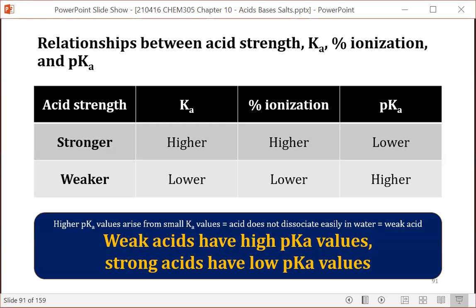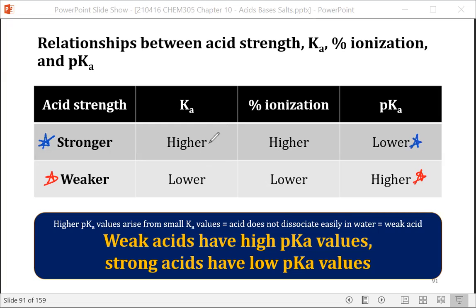So higher pKa values arise from small Ka values, which means the acid does not dissociate easily in water, which means it's a weaker acid. So weak acids have high pKa values, and stronger acids are going to have lower pKa values.